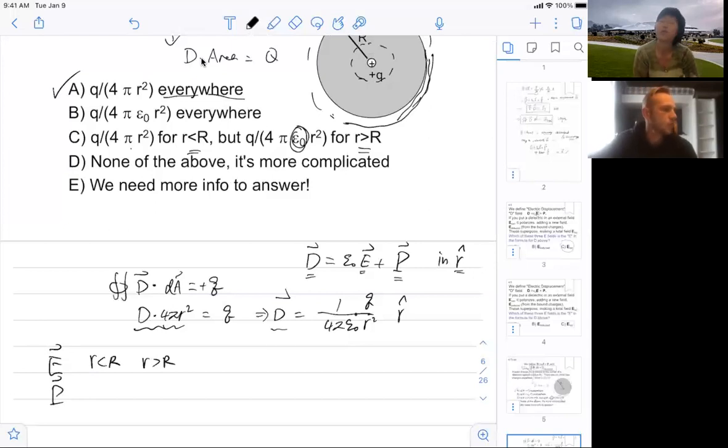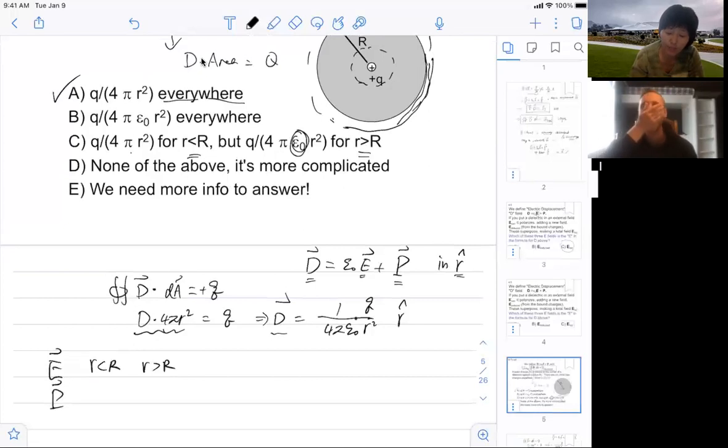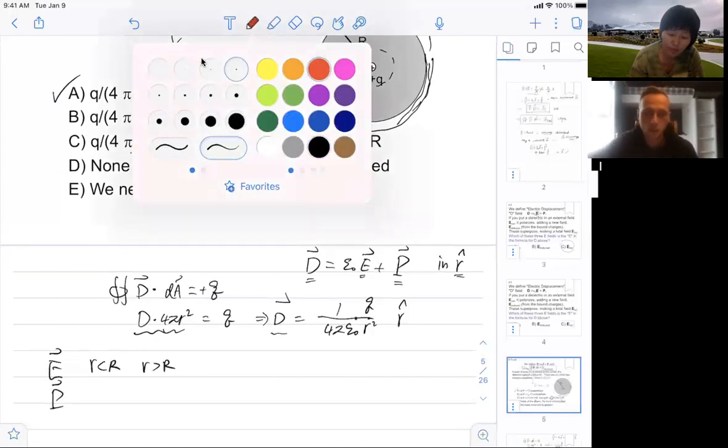How do we figure out the direction of polarization? Isn't it in the same direction as E? It's in the same direction as E. Thank you, Benjamin. So if you have an external E field here, your P generates an E field. I'm going to draw it.